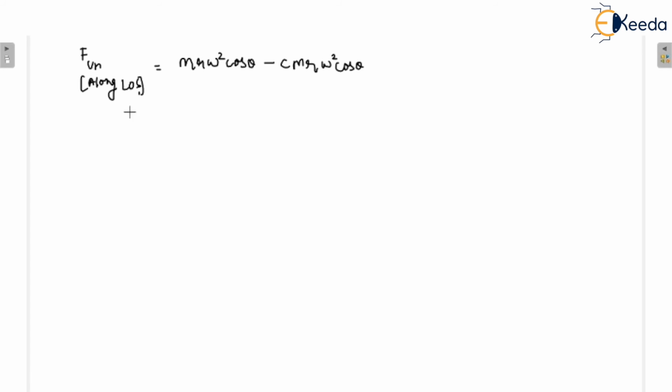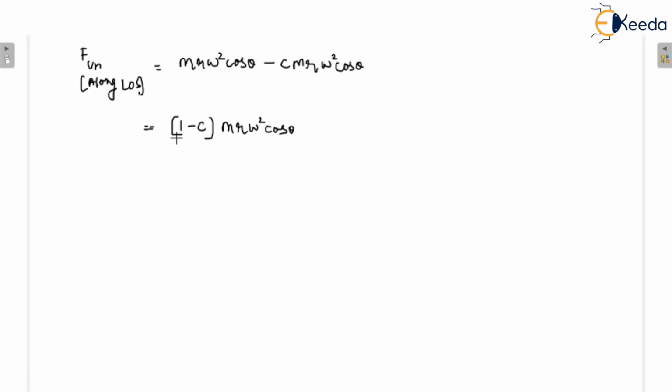You just have to take the common factor and you will get (1 minus c) M R omega square cos theta.